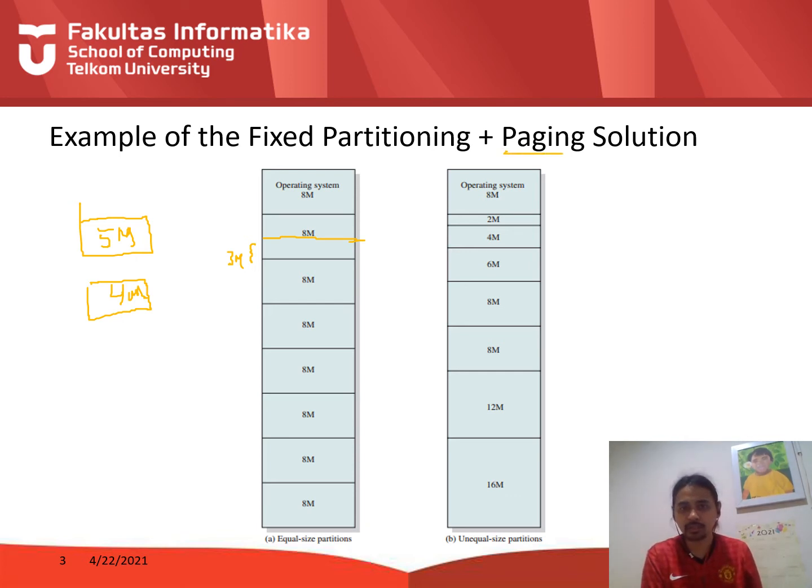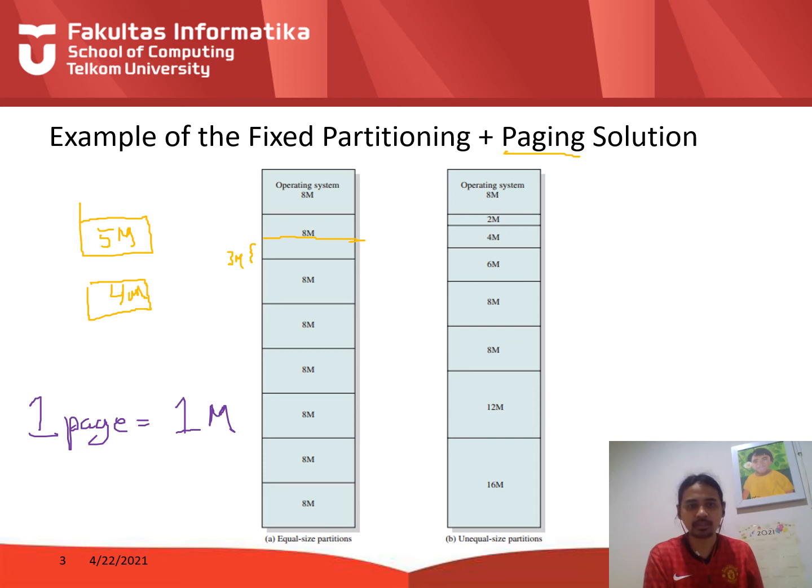And how does paging work? Paging divides every process into smaller pieces of sub-processes, which are called pages. For example, we determine that one page has the size of 1 mega. So this process here has 5 pages.